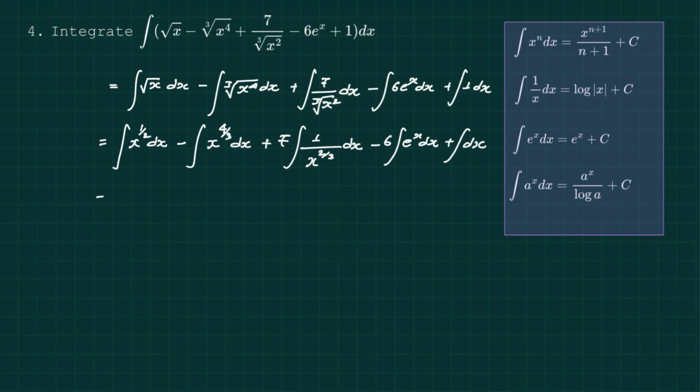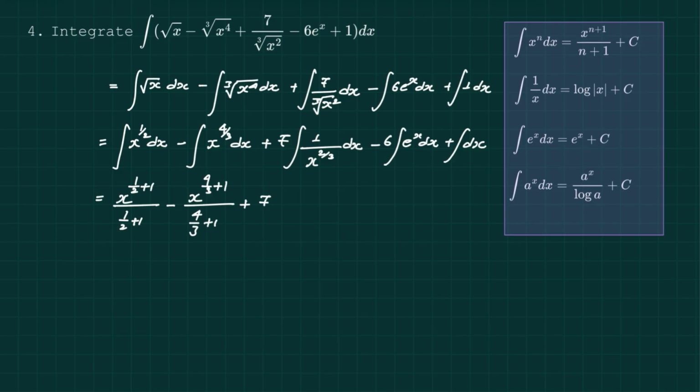So let us use the formula 1. Here the value of n is 1 by 2. So here it will be x to the power n plus 1 divided by n plus 1 minus x to the power n plus 1 divided by n plus 1 plus 7. Here 1 over x to the power 2 by 3 is x to the power minus 2 by 3.